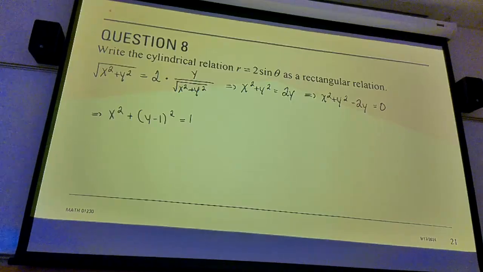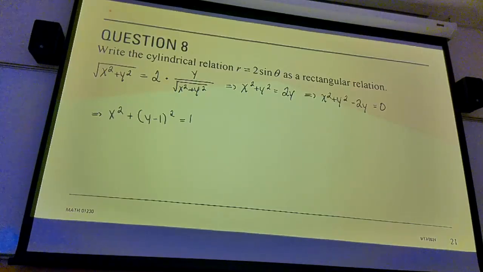Oh, wait a minute. This was supposed to be three-dimensional, which means it's not just a circle. It's a cylinder, with z equal to all real numbers.